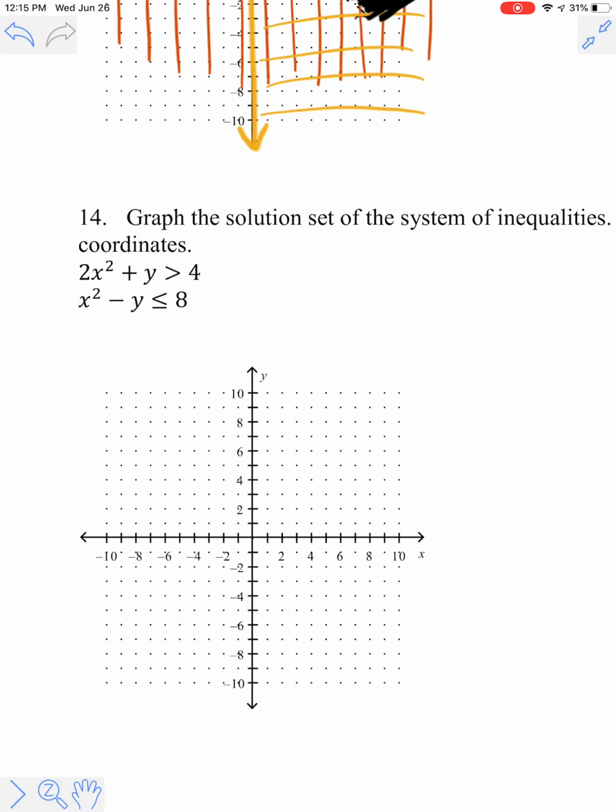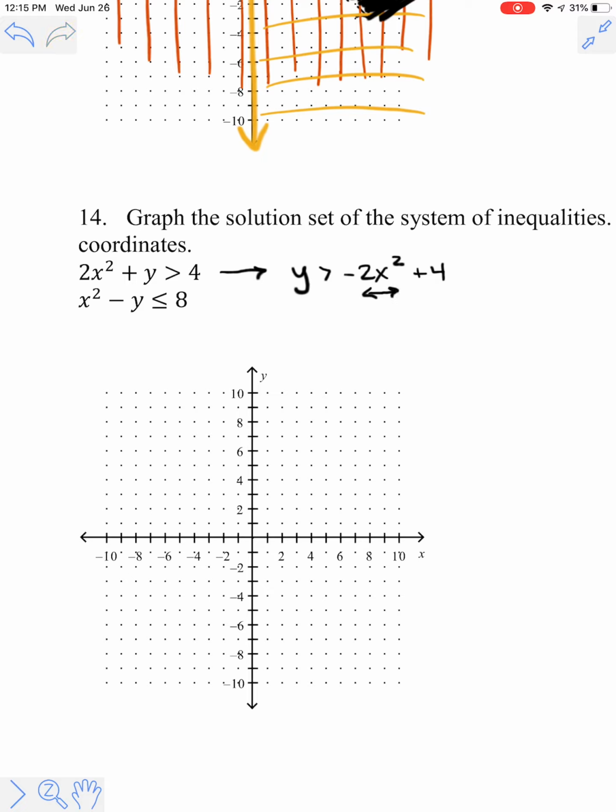Alright. For question 14, I'm going to rewrite these inequalities. So the first one is y is greater than negative 2x squared plus 4. So this is a quadratic, and since this plus 4 is outside of the function, it moves the vertex up 4 units.